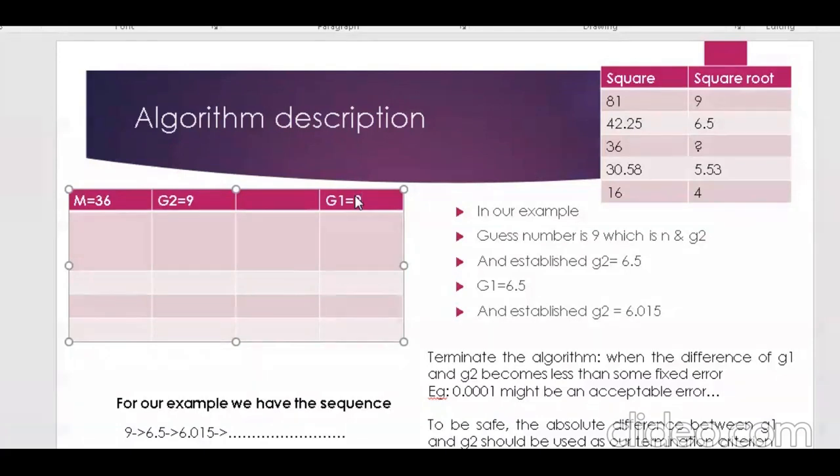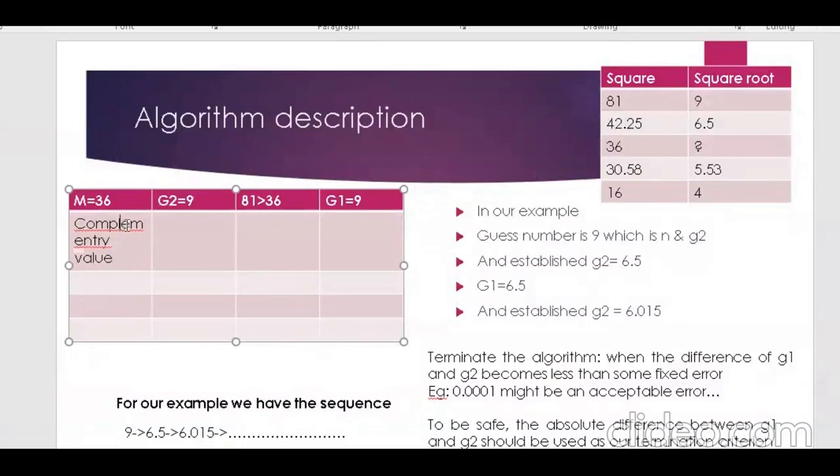Okay. Now, next step is as soon as you guess the number, you found the square of 9. So, you got 81, which is greater than 36. Then, what did you do? Use the second equation. That second equation is known as complementary value.